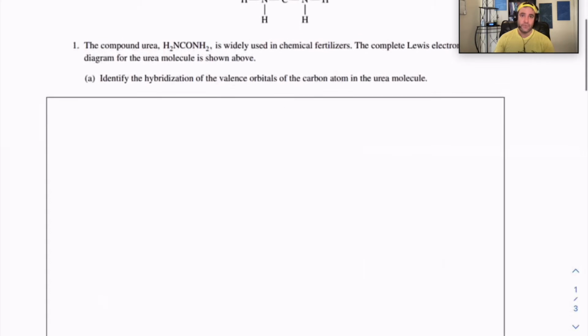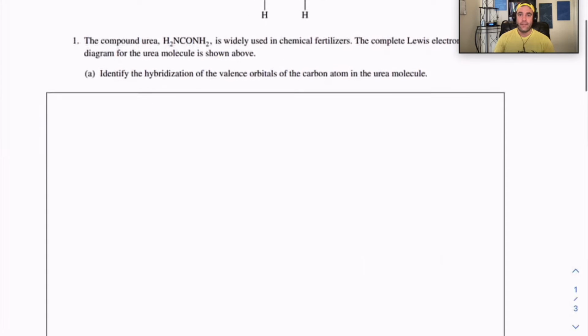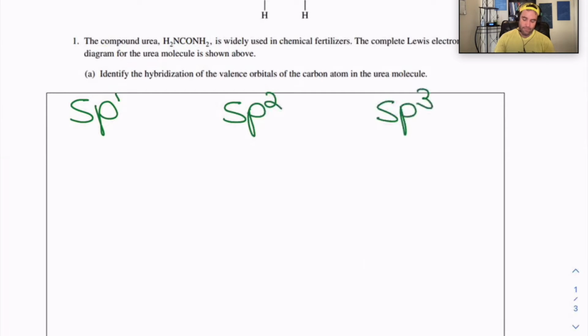But anyways, it goes, the compound urea is widely known as used in chemical fertilizers. Draw the complete electron Lewis dot diagram for the urea molecule shown above and identify the hybridization. So you have to know three things, like I mentioned before: SP1, or SP, SP2, and SP3.